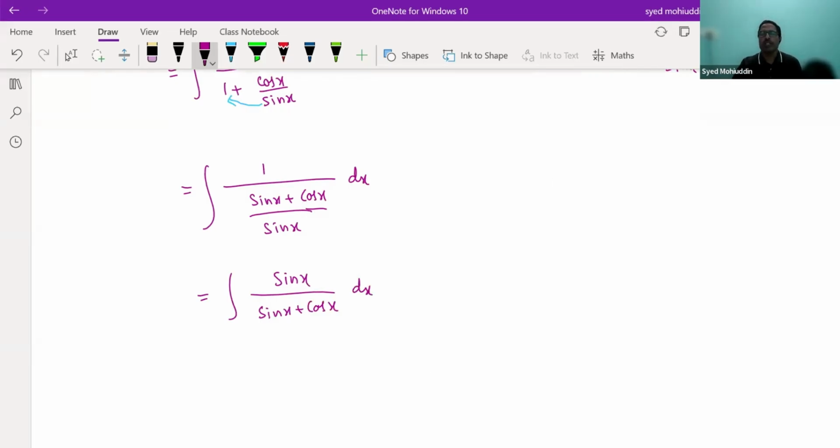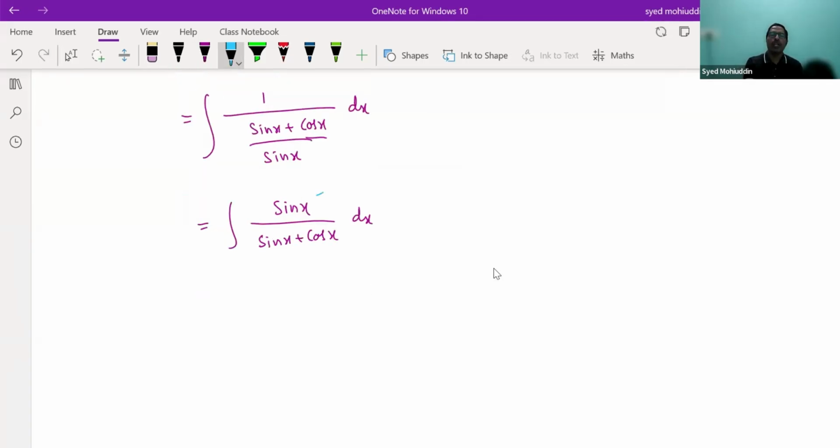Now the question is, if you differentiate the denominator, it is not possible to get the numerator. But can I make the numerator and denominator the same? Can I make this sin x as sin x plus cos x? If you want to make that as sin x plus cos x, what is the possibility?